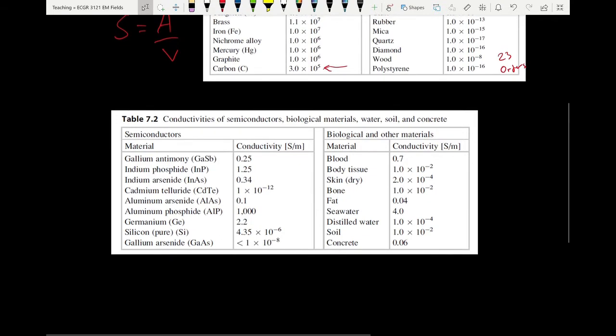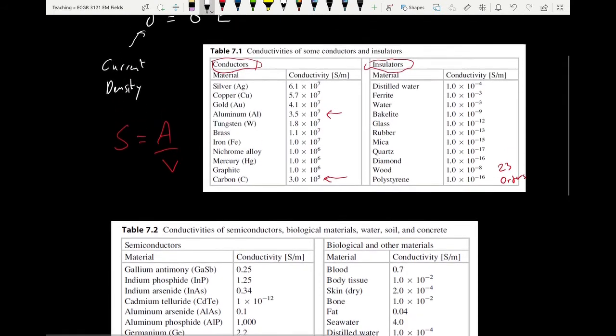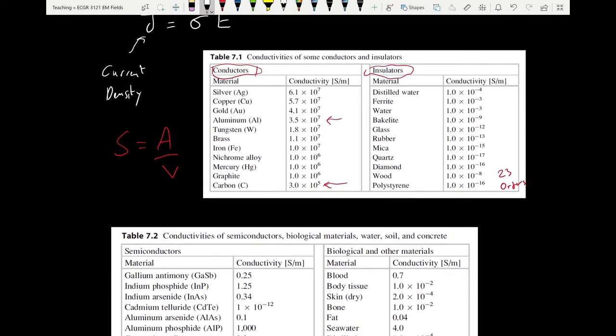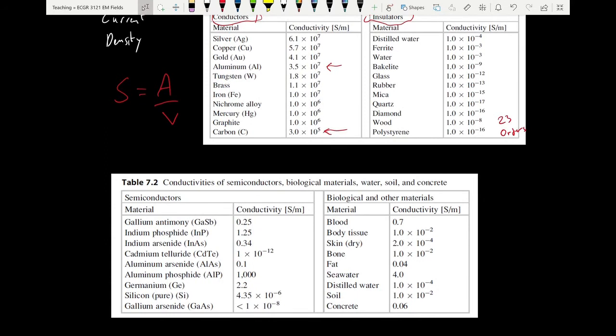Okay. Seawater is 4 times more conductive. Well, it's tons of times more conductive than water, right? The conductivity of water is 10 to the minus 3, while seawater is 4, and the reason is because of the positive and negative ions of the salts that are dissolved in the seawater. Okay.